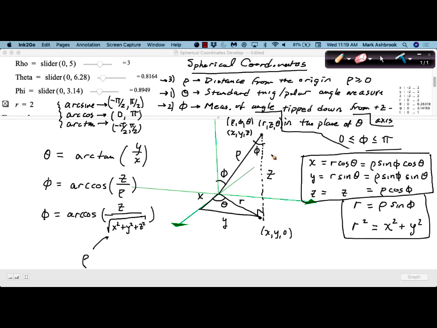Okay, ask if I lost you. Yes, please. How do we come up with the square root of x squared plus y squared? Because it's the distance from the origin, right? So what would the distance of a point from the origin be?